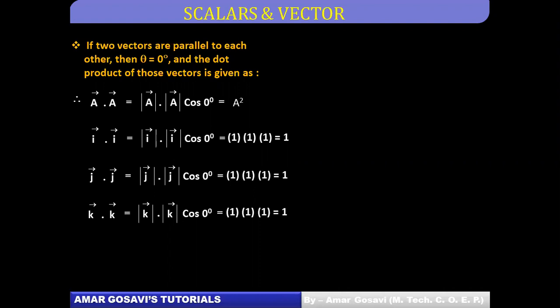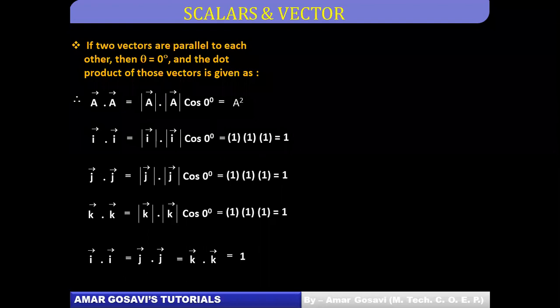All right, friends. So can I say, in general, if I want to establish a relationship between these operations, I can say i cap dot i cap will be equal to j cap dot j cap, which can be equated to k cap dot k cap, which is finally equal to 1.